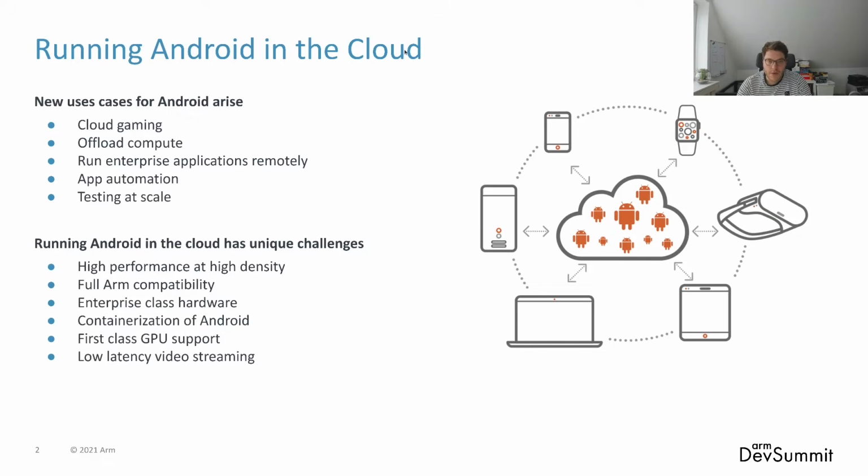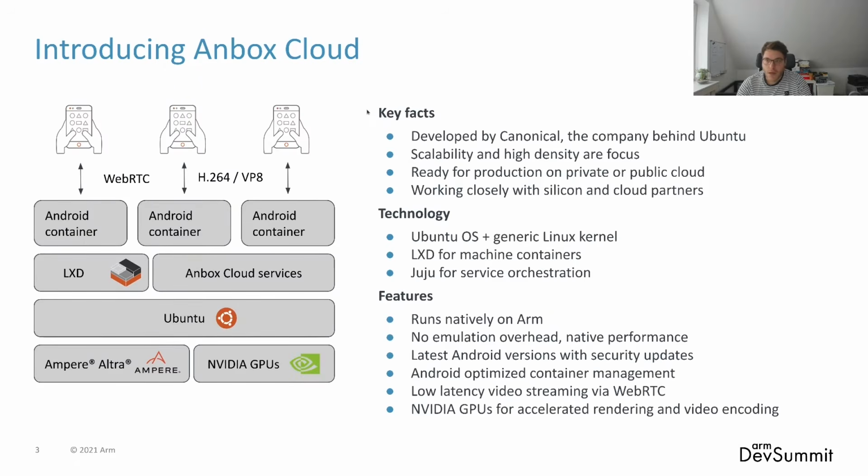I'm going now to talk about what we have done at Canonical to solve the software part. Anbox Cloud is a product which we have developed at Canonical since 2017. As many of you will know, Canonical is the company behind Ubuntu, so we're doing everything around Ubuntu.